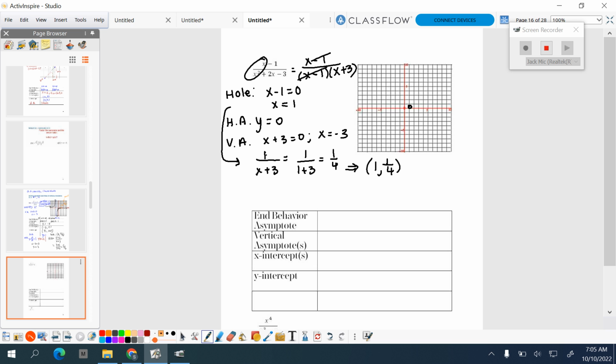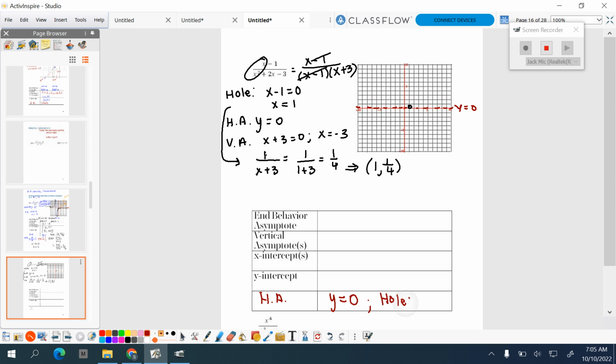Actually, I don't need to go to Desmos to graph this. I can do it here. So horizontal asymptote at y equals 0. So HA, y equals 0. Okay. Hole, already graphed it.